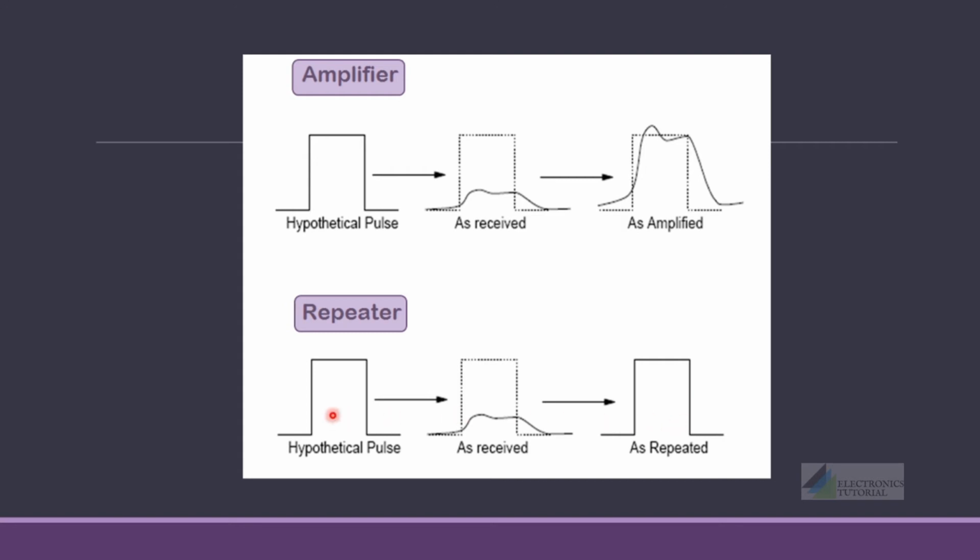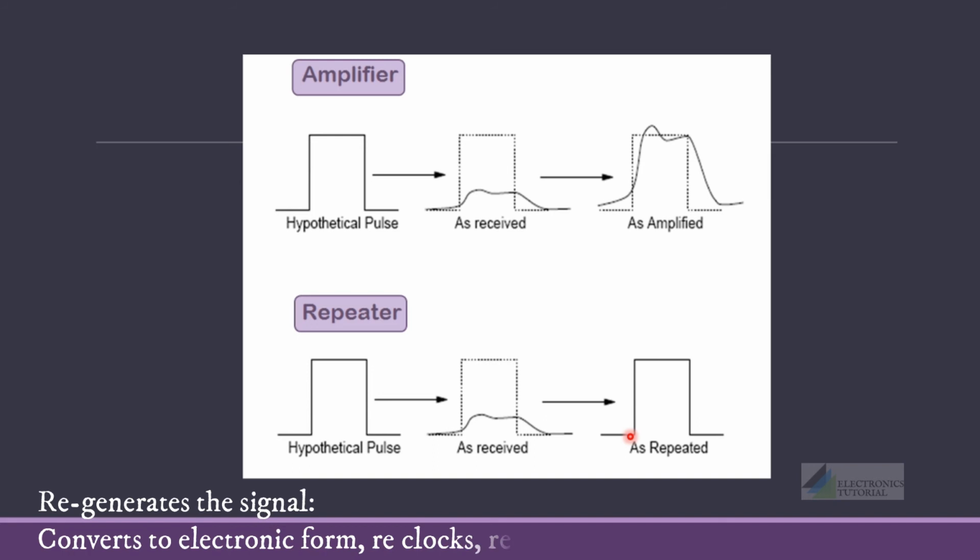the input pulse. What happens here is, when getting such a signal, this repeater will perform some processing steps and reconstructs the signal. Thus, repeaters in optical links receive the signal, convert it into electrical form, then reclock it, reshape it, amplify it, and retransmit it after converting it to optical form.